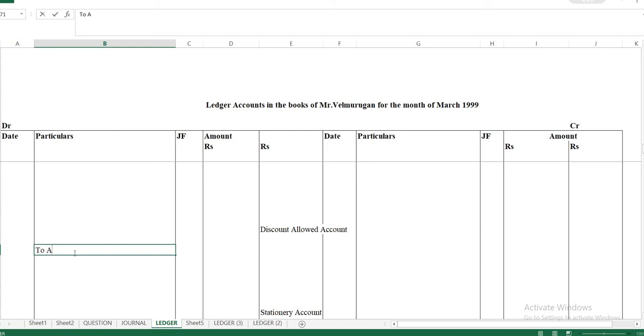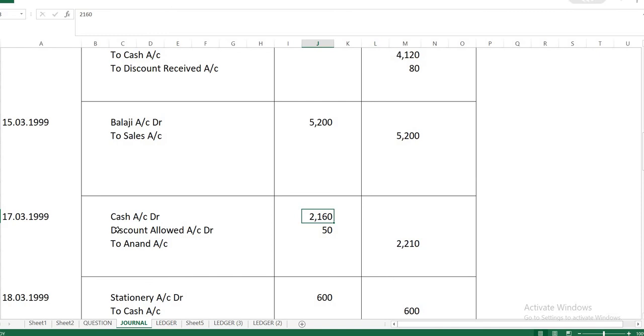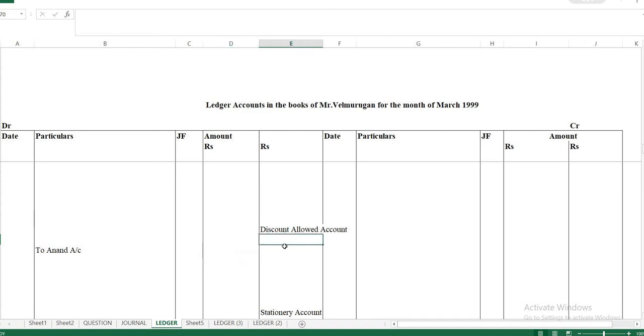Anand is the one. After receiving cash from Anand, we are paying him back, we are giving him discount also. Okay, so discount allowed is a nominal account, right? So in discount allowed, to Anand, the amount is only these 50 rupees you have to show. 50 rupees only you have to show.